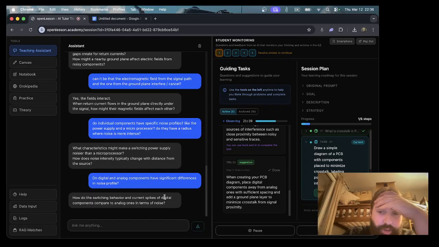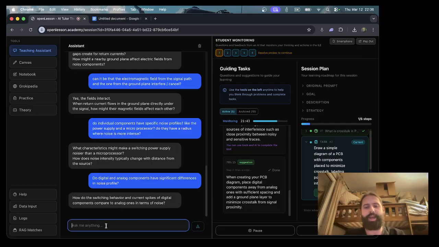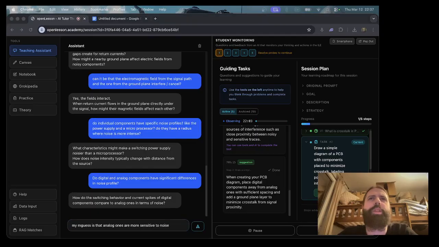Well, I guess analog ones are more sensitive to noise, right? My guess is that analog ones are more sensitive to noise. Okay, but those are within the norm.